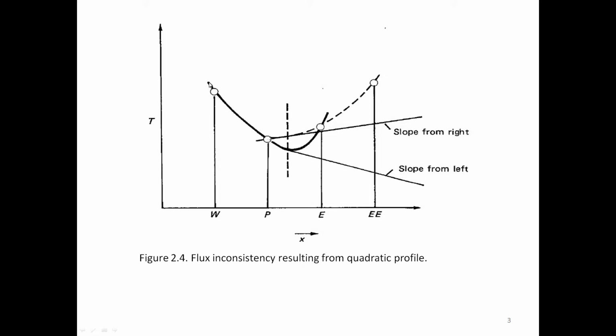The resulting consistency in dT by dx, and hence in the heat flux, is sketched in figure 2.4.